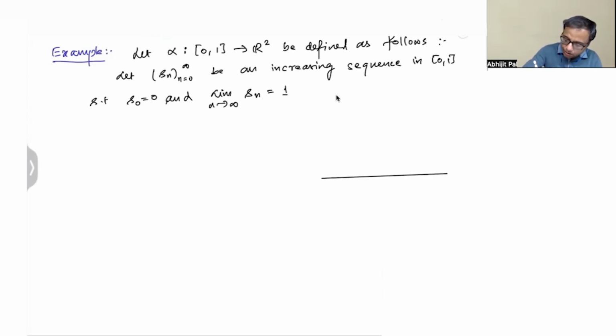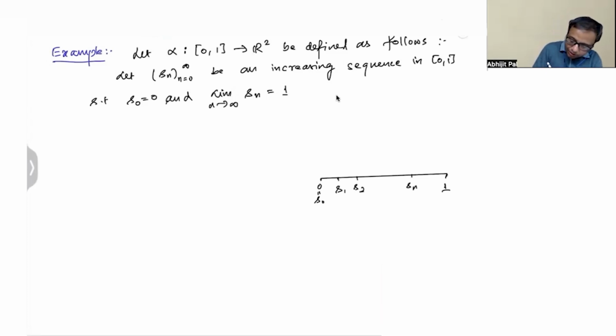So this is my closed interval 0, 1, and this Sn is converging to 1.